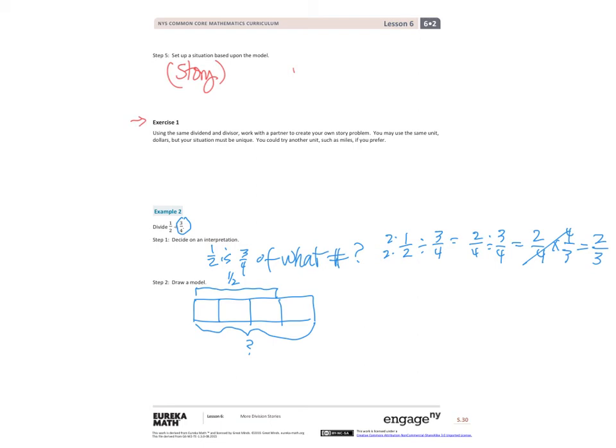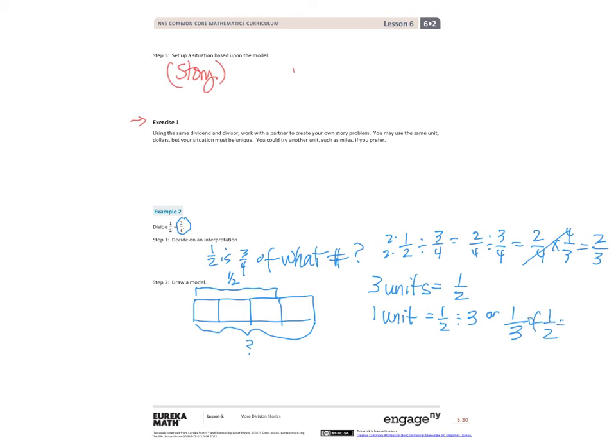They said 3 units equals 1/2. And so then 1 unit I have to figure out is 1/2 divided by 3, or I could also say, remember how in lesson 5, we took that 3 and turned it into 1/3 of 1/2.